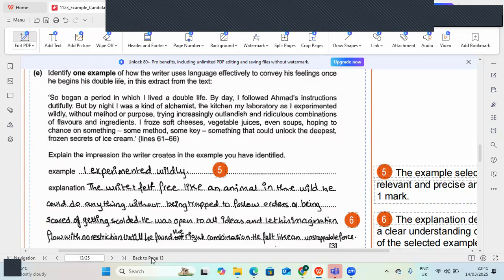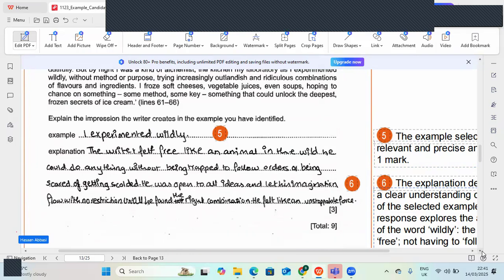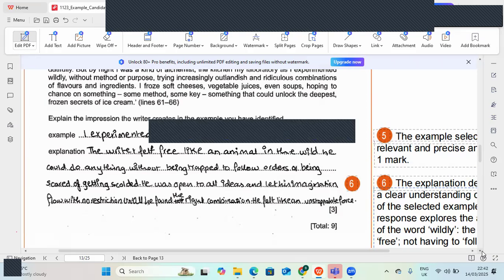Now let's look at the response here. So the writer felt free like an animal in the wild. He could do anything without being trapped to follow orders or being scared of getting scolded. He was open to all ideas and let his imagination flow with no restrictions until he found the right combination.